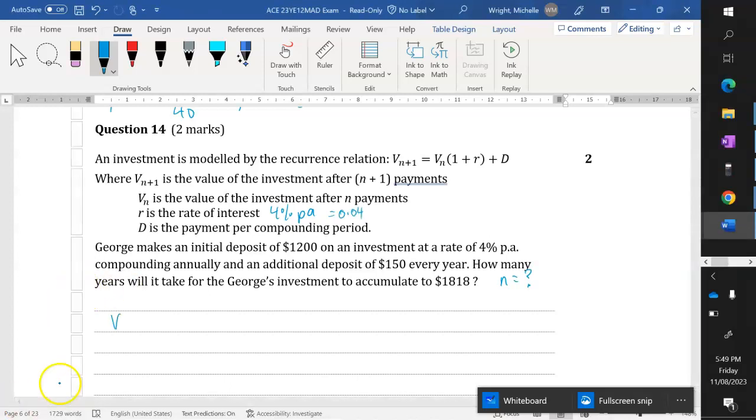Okay, so V of 1. I'm going to pop that into the equation up here. So after 1 year, George is going to have the initial deposit of $1,200 multiplied by 1 plus 0.04. So that was our interest rate. We've changed that to the decimal.